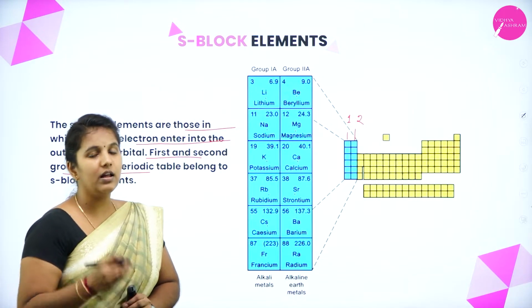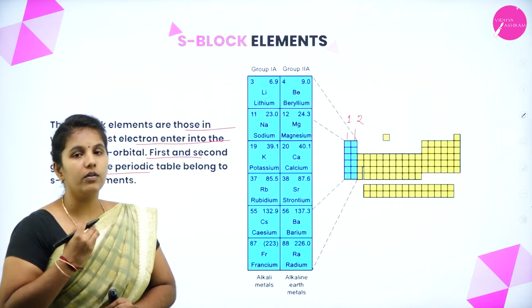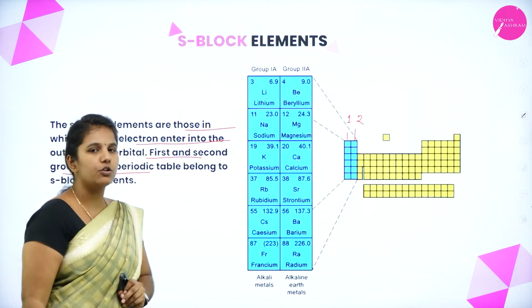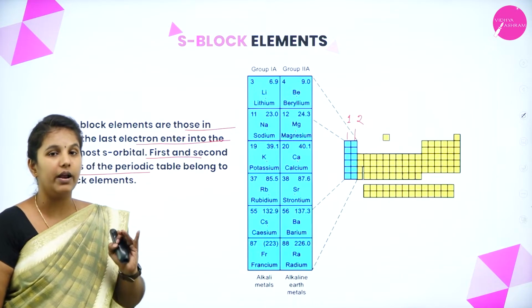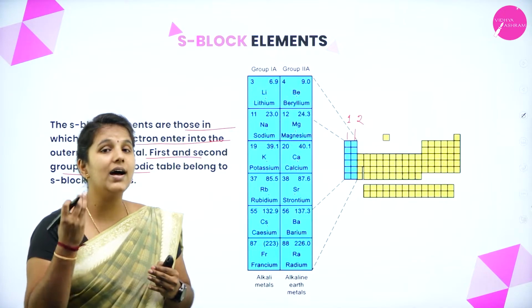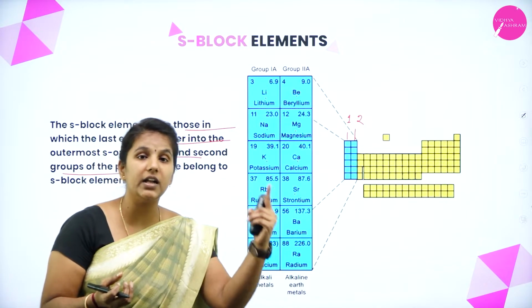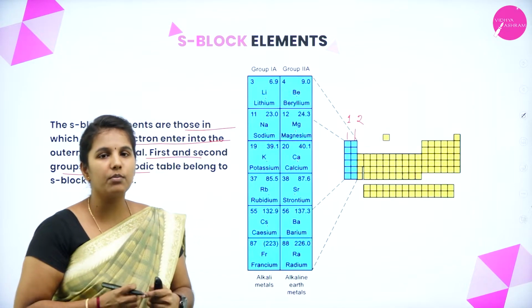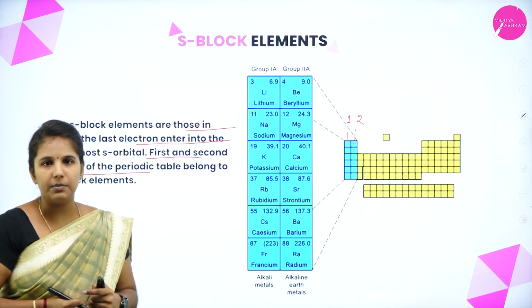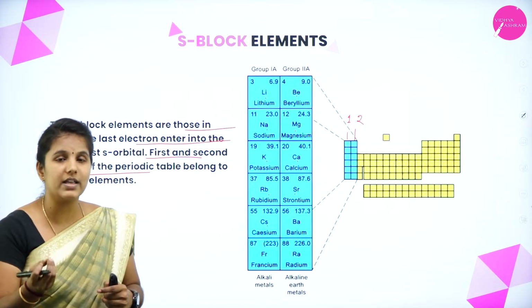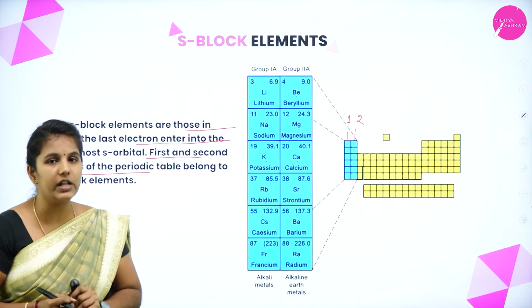These are the two sets of group 1 and group 2 elements, together known as S-block elements. Why is the name given as S-block? Because the last electron enters the s orbital. I'll explain why the last electron goes to the s orbital in the electronic configuration.